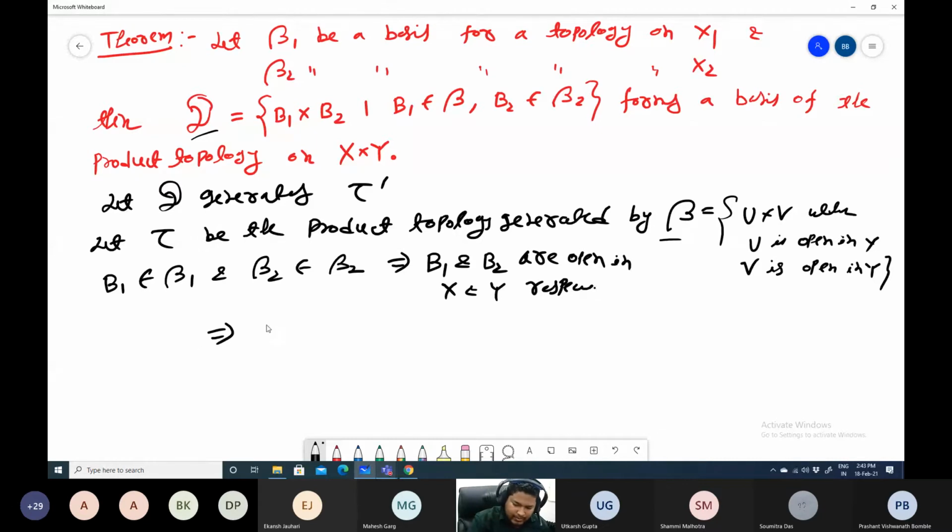So therefore B1 cross B2 belongs to your beta as well, and this is a subset of tau. That means all the basis elements of tau dash are in tau. And what is this tau? Tau is the union of all those basis elements. So therefore tau dash is a subset of tau.